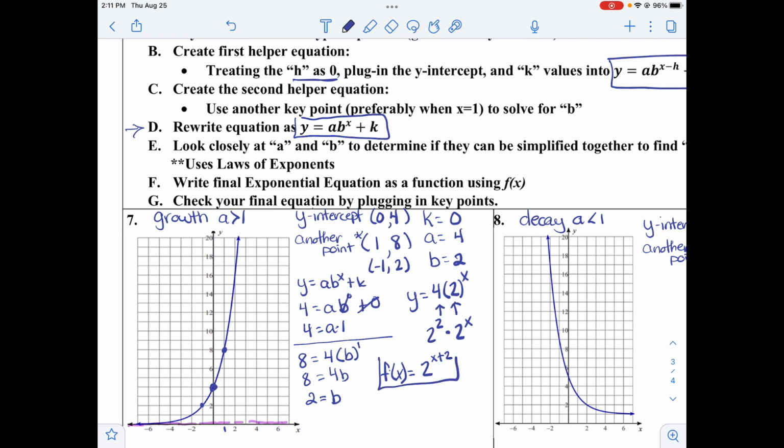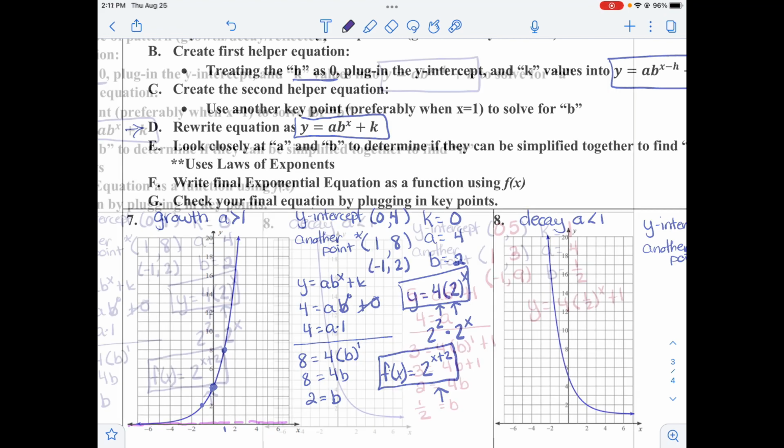This equation and this equation are equivalent, but this second one with our h tells us a little bit more of what's happening, and it's in a different format when they're asking about moving left to right. So this is a little bit higher advanced. I want you to get to this point. So I want you to try number 8 and then come back and see how you did.